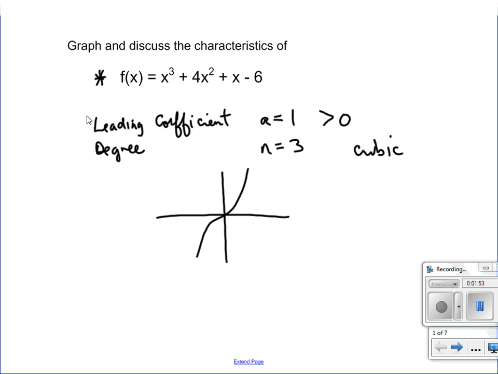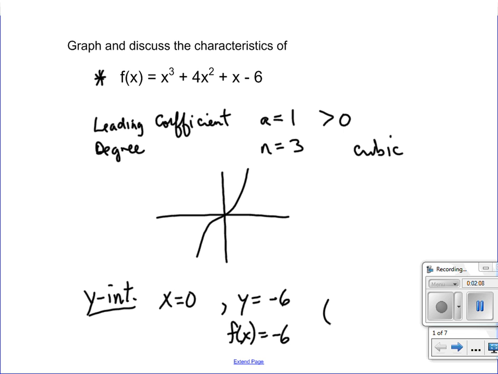We can identify the y-intercept, right? That's when x equals 0. When x equals 0, clearly y equals -6, or if you like, f at x equals 0 is -6. So there's a point on our graph. So far, so good.